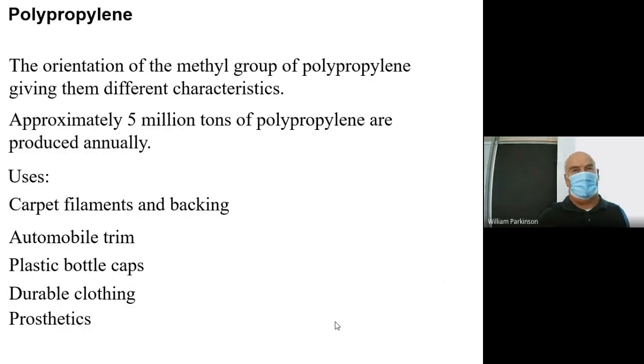What's a prosthetic? Well, that's like a fake limb. So polypropylene is used to make fake legs and fake arms and things of that sort. But it's also, as you see, the durable clothing I'm talking about is clothing that you might wear when you're doing industrial cleaning and stuff like that, so that it's resistant to tearing and things of that sort.